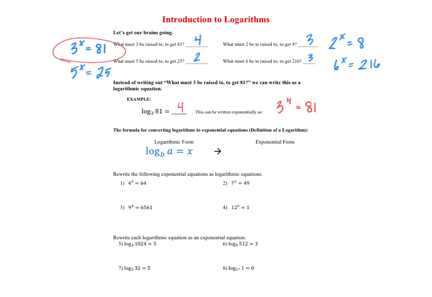Well, that's interesting. Let's look at a definition. The formula for converting logarithmic to exponential equations, and this represents the definition of a logarithm, is log base b of a equals x. Here, b is what's called our base.